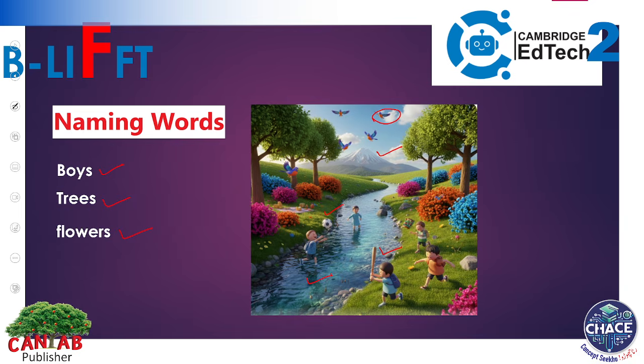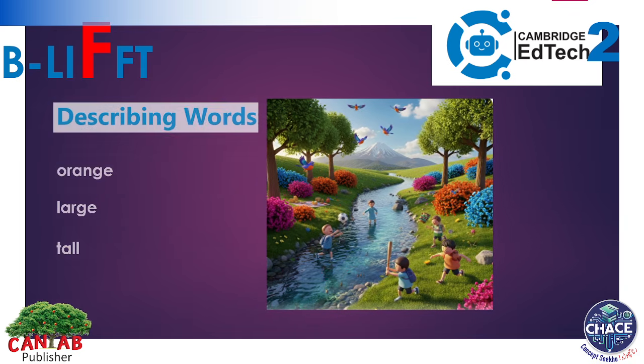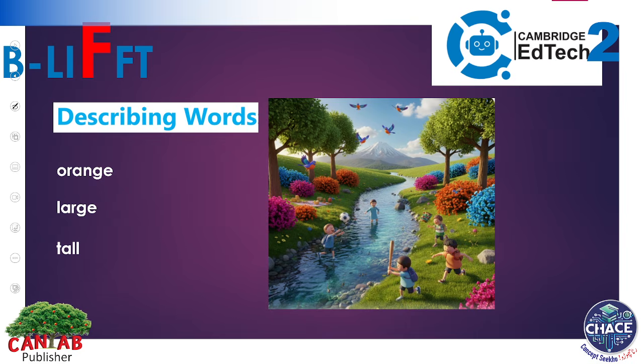Now, let's look at the other type of word, which is the describing word. As we know, these words give more detail, or they tell more about a noun. For example, orange, which is a color and it tells about flowers.